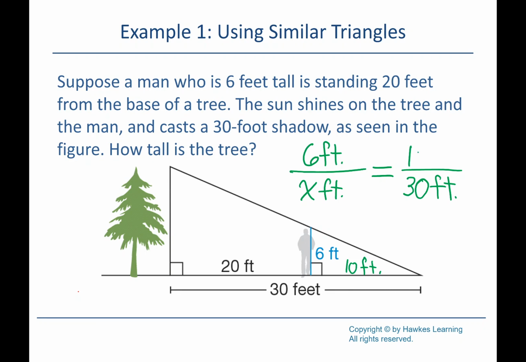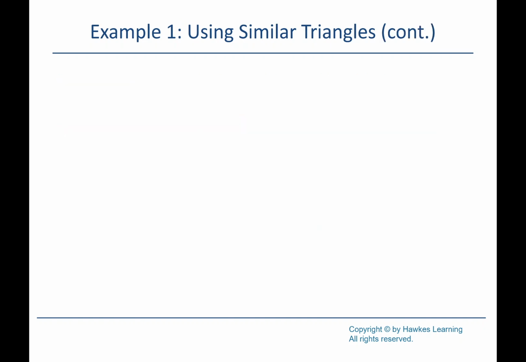And so that part we can put in the top. I'm going to take our little proportional equation and just recopy it on the next slide. So let's see, we got 6 over x is 10 over 30. They're all in feet, so I'm not going to write them down.